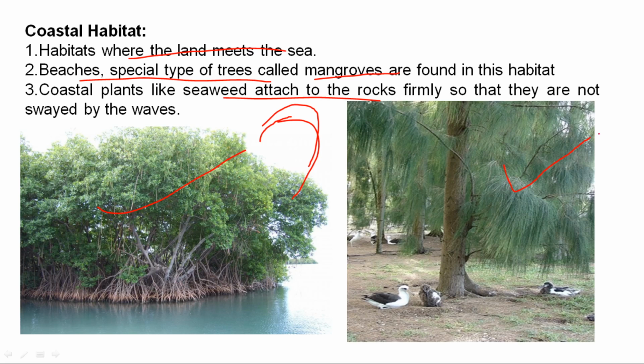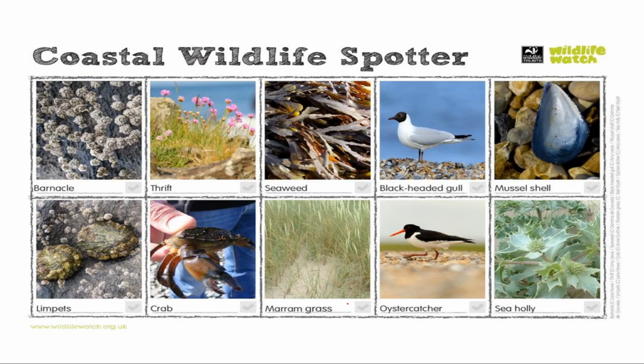That is one of the coastal plants adapted to the coastal area. Look here at some coastal area life: barnacle, thrift, seaweed, black-headed gull, mussel shell, sea holly, oyster catcher, marram grass, crab, limpets. All these are found in coastal areas.